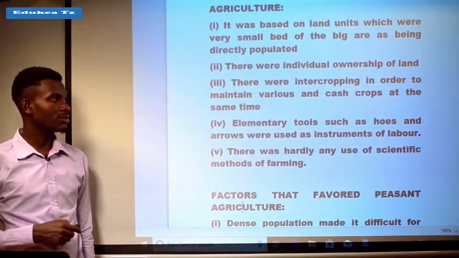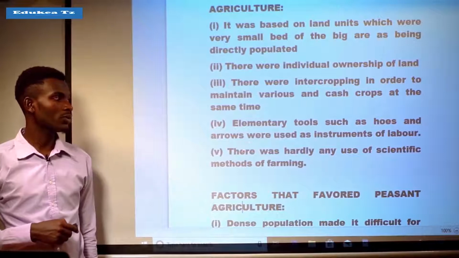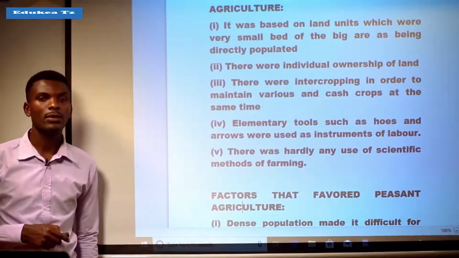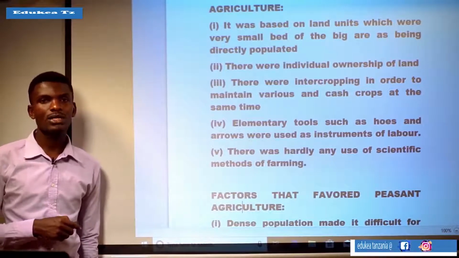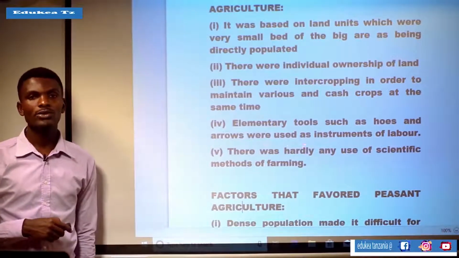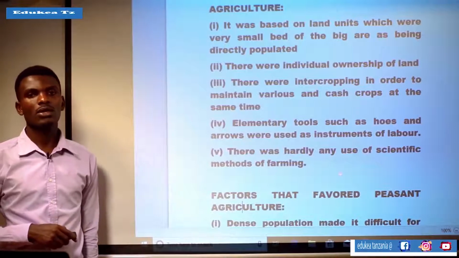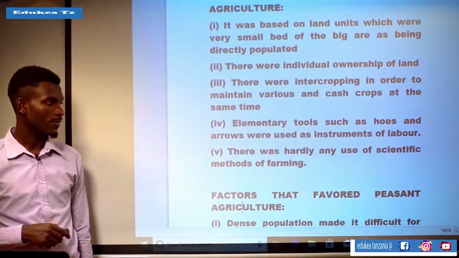Another was that elementary tools such as hand hoes and arrows were used as instruments of labor.